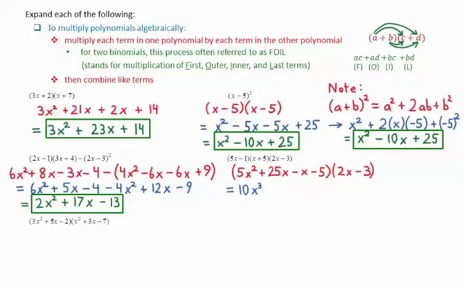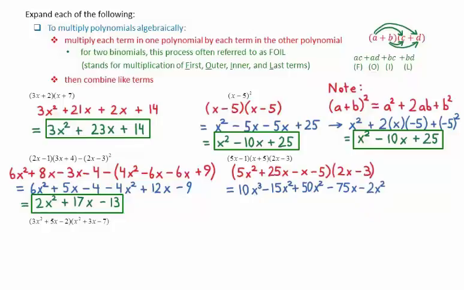We then get 5x squared times 2x, giving us 10x cubed. 5x squared times negative 3 is minus 15x squared. 25x times 2x gives positive 50x squared. 25x times negative 3 gives negative 75x.